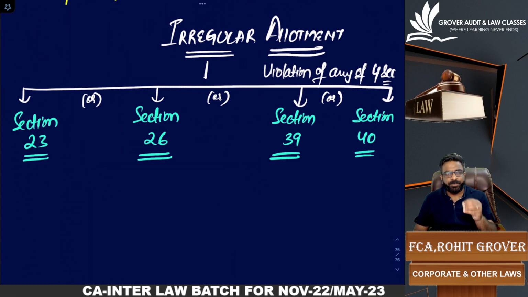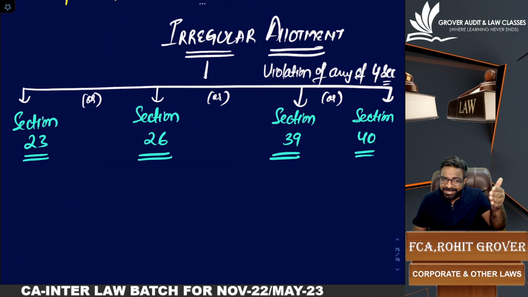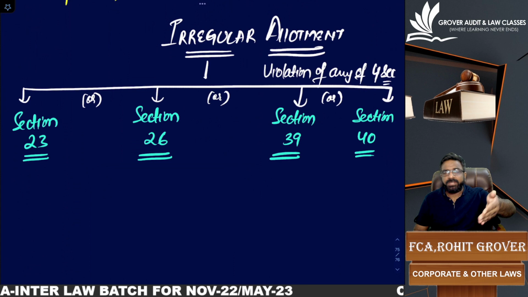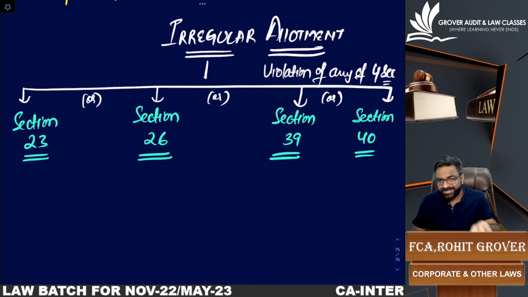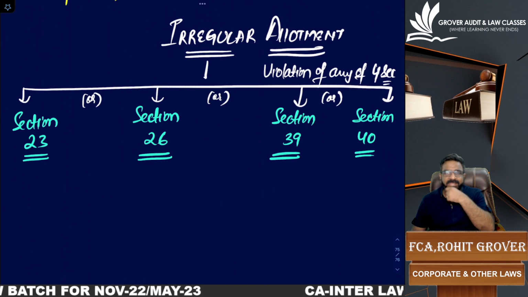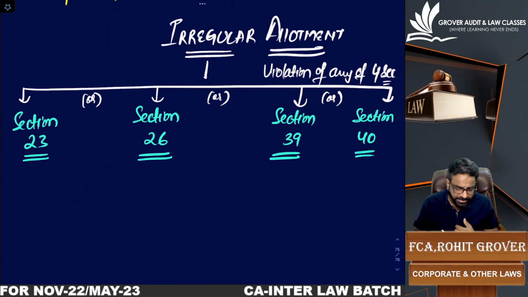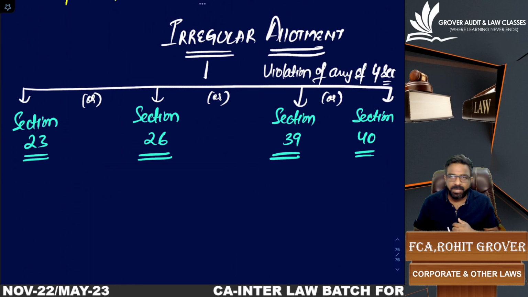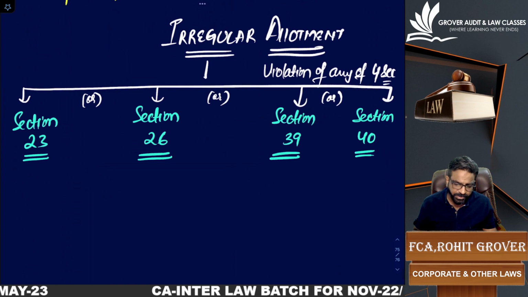If you are issuing a prospectus and doing the allotment by violating section 23 or section 26 or section 39 or section 40, then in that case, all the allotment done by that company will be treated as irregular allotment. Is it correct, Mari? Yes or no? Perfectly understood?